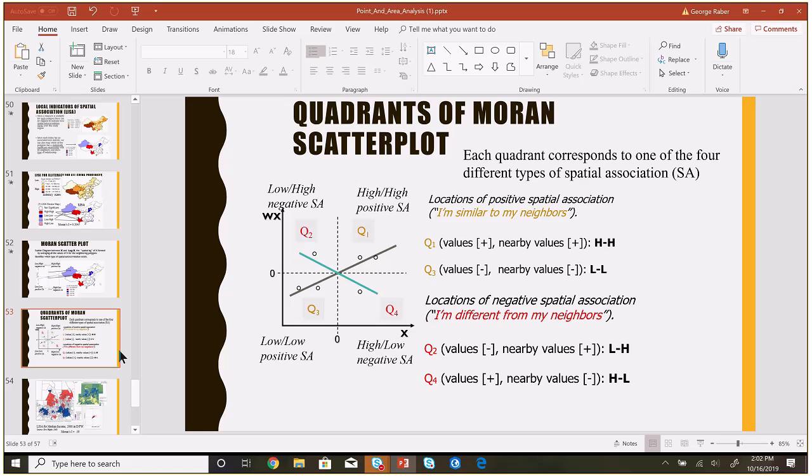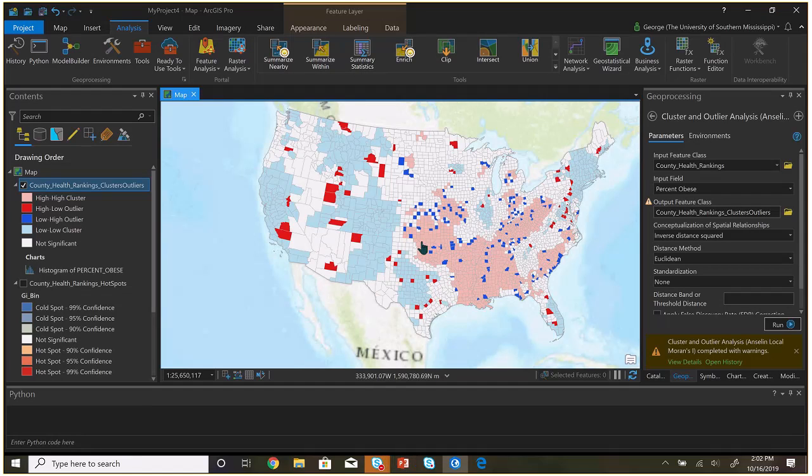In other words, you're low, your neighbors are low. That's down here in this quadrant. You're high and your neighbors are high, significantly high. You're up there. And then if you're of the lighter blue color or the lighter red color, then you're different than your neighbors.